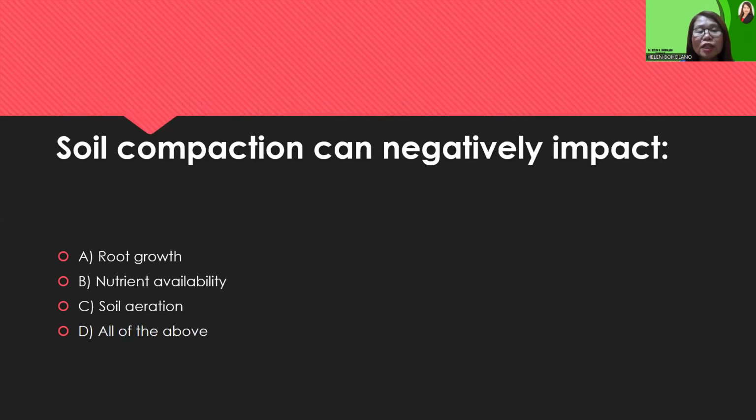Soil compaction can negatively impact A, root growth, B, nutrient availability, C, soil aeration, or D, all of this. Thank you very much. The right answer is all of the above. So these are all essential, and soil compaction can negatively impact all of this.